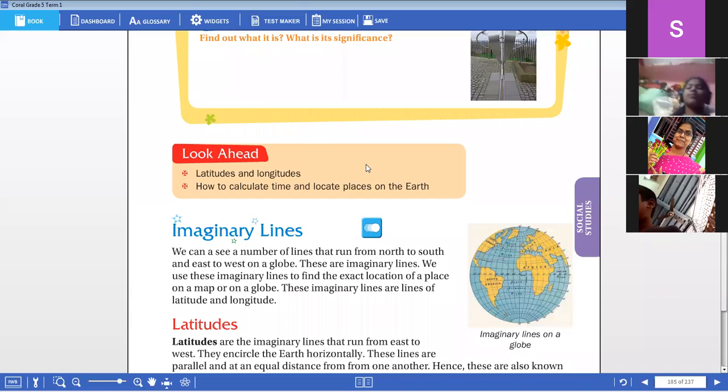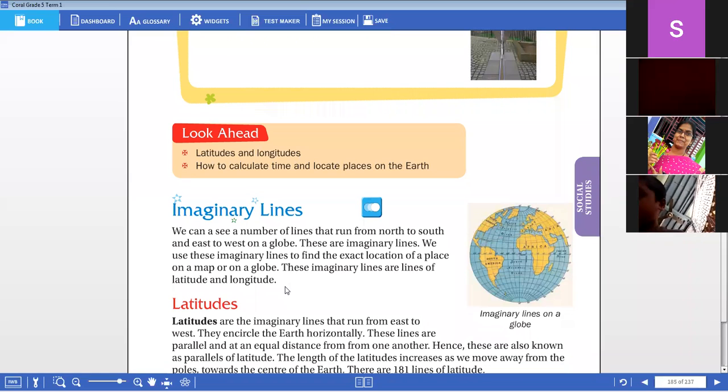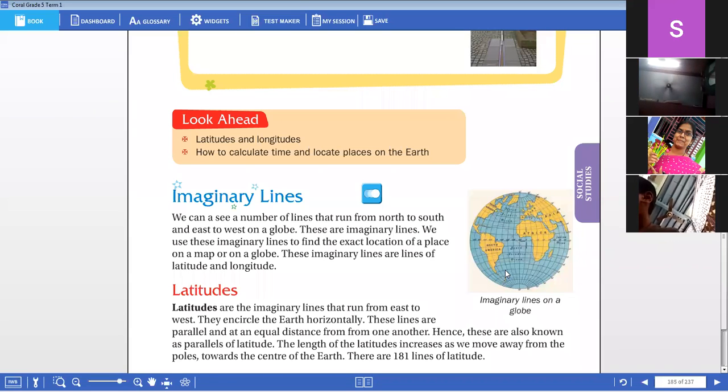Yes. So the lines which run from the North Pole to the South Pole are longitudes. Based upon the directions, these lines are subdivided into two types: north to south and east to west.